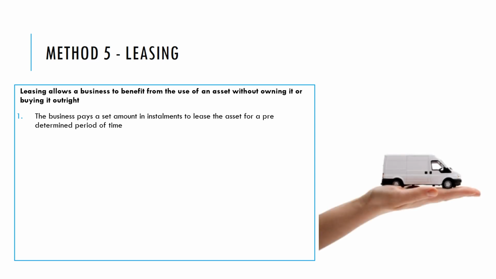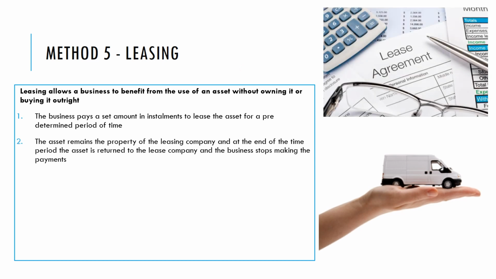So for example, if a business decided they wanted a fleet of vans, they might consider, well, do we actually need the money to buy the vans outright, or should we just go to a business that owns the vans and then just rent them off them, have a lease, which would normally involve signing a lease agreement with the company. So the property remains part of the leasing company, and at the end of the agreement, the vans here would be returned to that company.